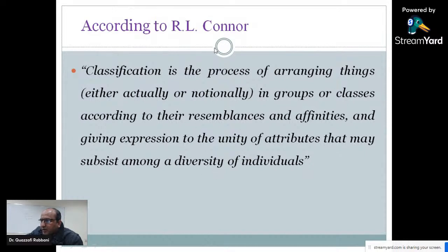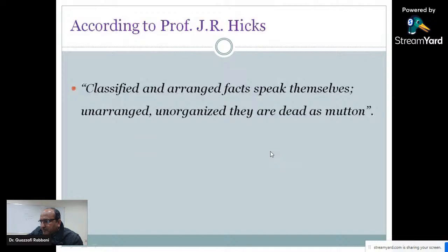Various authors have defined classification of data in different ways. According to R.L. Corner, classification is the process of arranging things in groups or classes according to their resemblance and affinities, and giving expression to the unity of attributes that may subsist among the diversity of individuals.